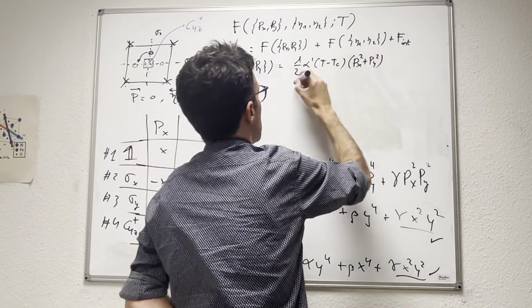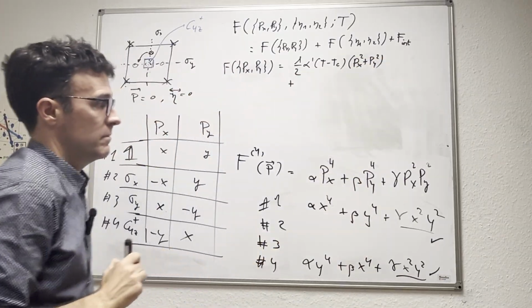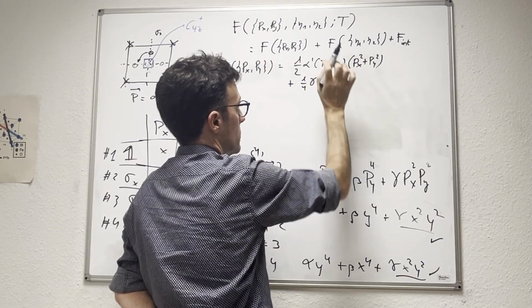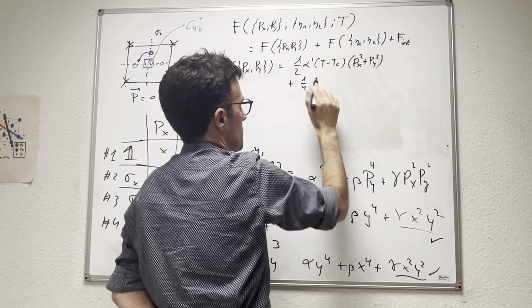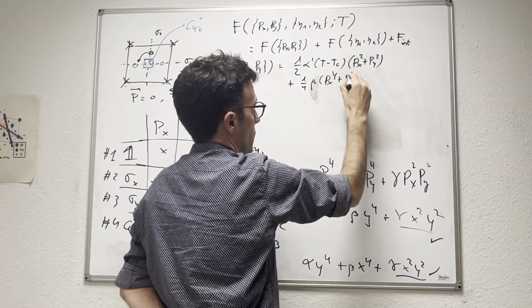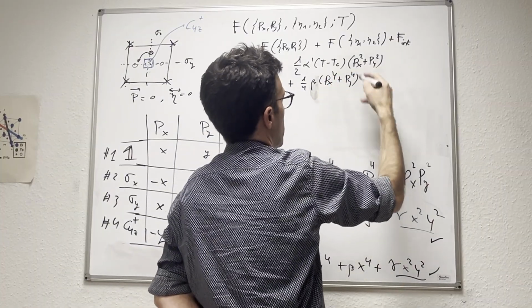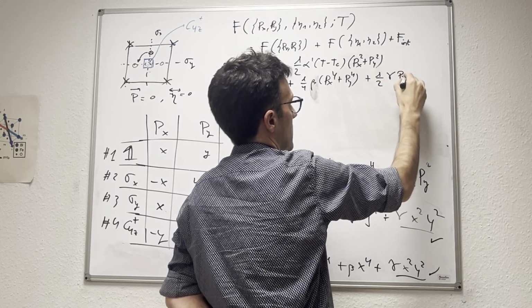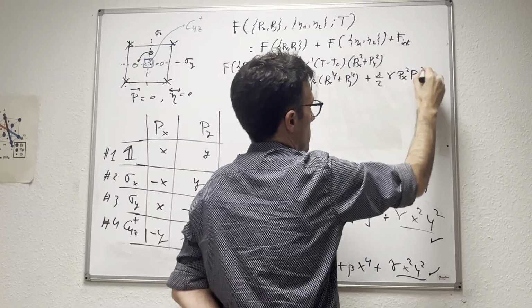Then I have to have another invariant that I can call 1 over 4 beta, px to the fourth plus py to the fourth. And finally, let me introduce 1 over 2 gamma px squared py squared.